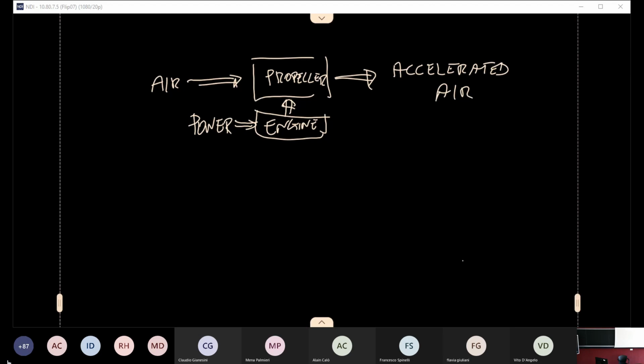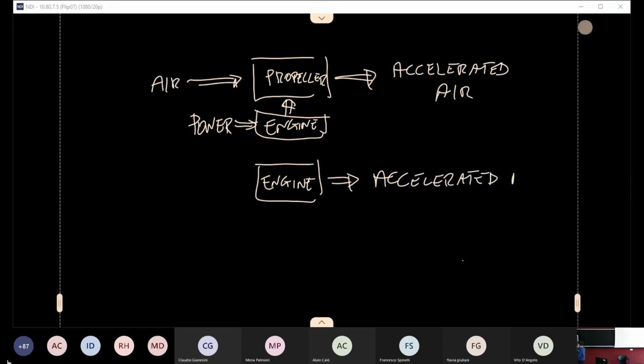So we have here our engine, accelerated air plus fuel, and of course power.